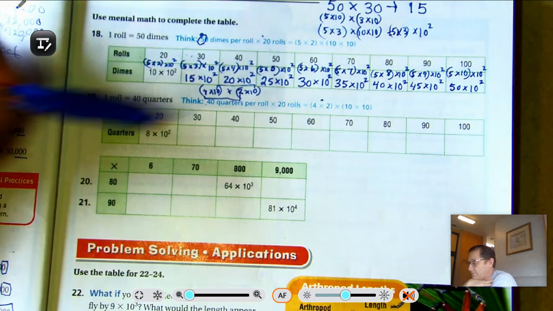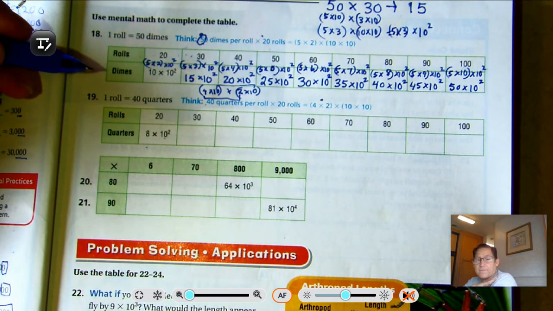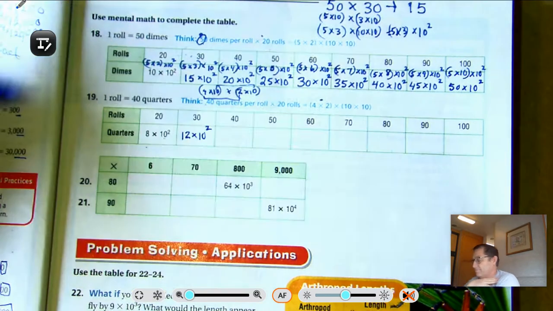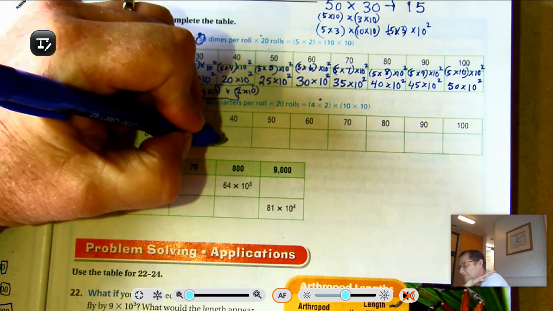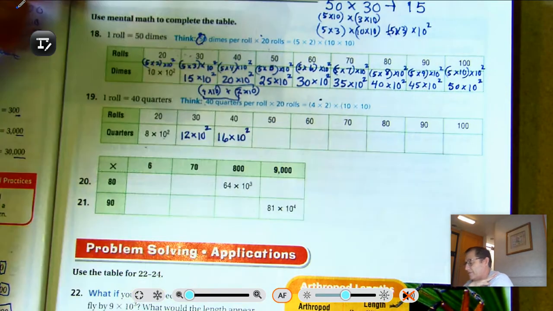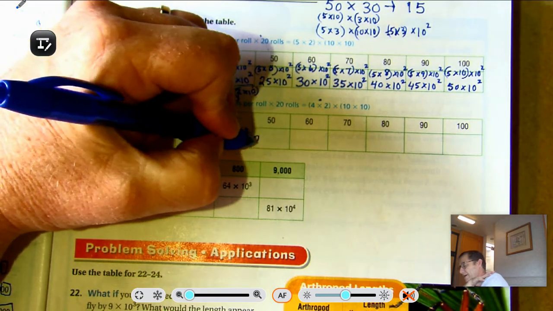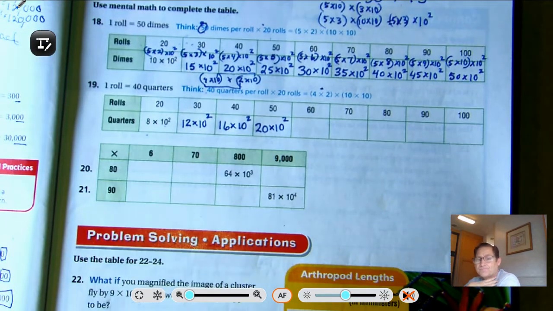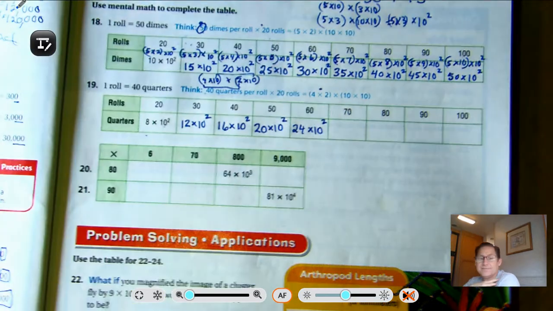All right, so 4 times 2 is 8 times 10 squared. 4 times 3 would be 12 times the second power of 10. 4 times 4, 16 times the second power of 10. 4 times 5, 20 times the second power of 10. 4 times 6, 24 times the second power of 10.